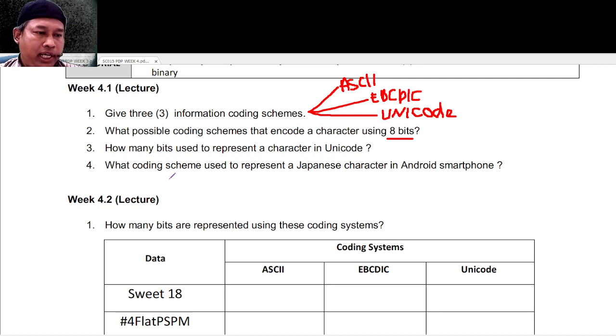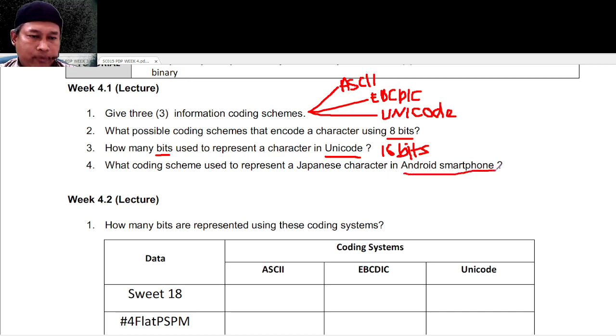So how many bits are used to represent a character in Unicode? Unicode uses 16 bit. Okay. What coding scheme is used to represent Japanese characters on an Android smartphone?